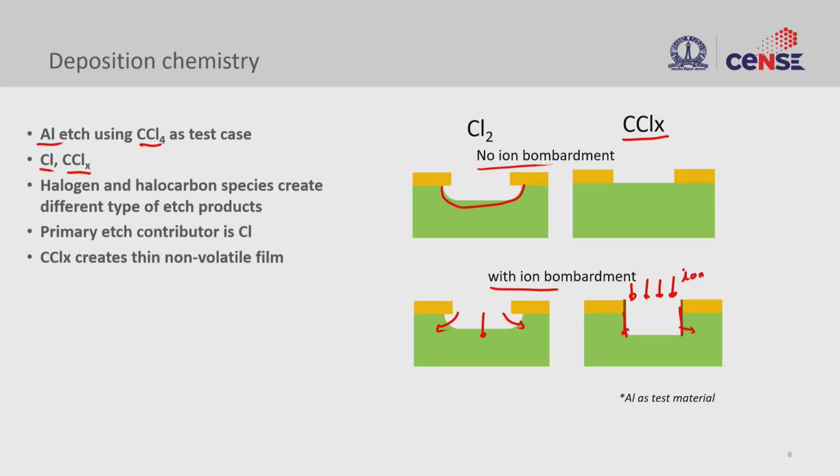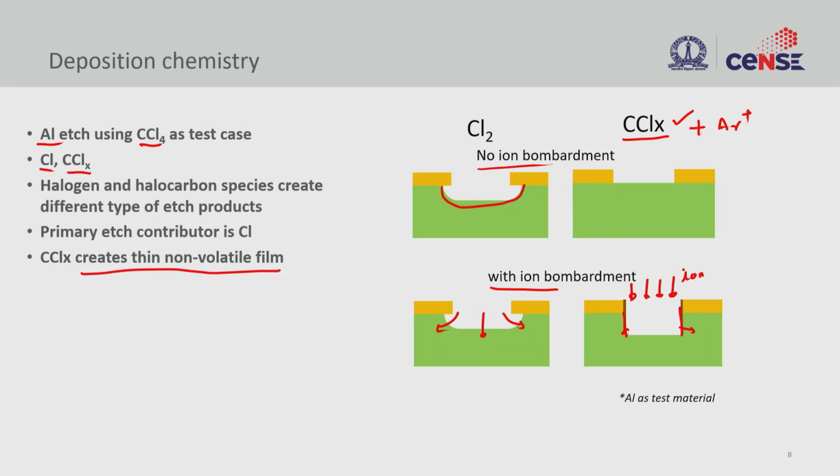This actually confirmed that though the radical was unable to etch the material, if I add an ion to this, then this will etch the material that initially it was unable to etch. And this also confirms that ions are very important.